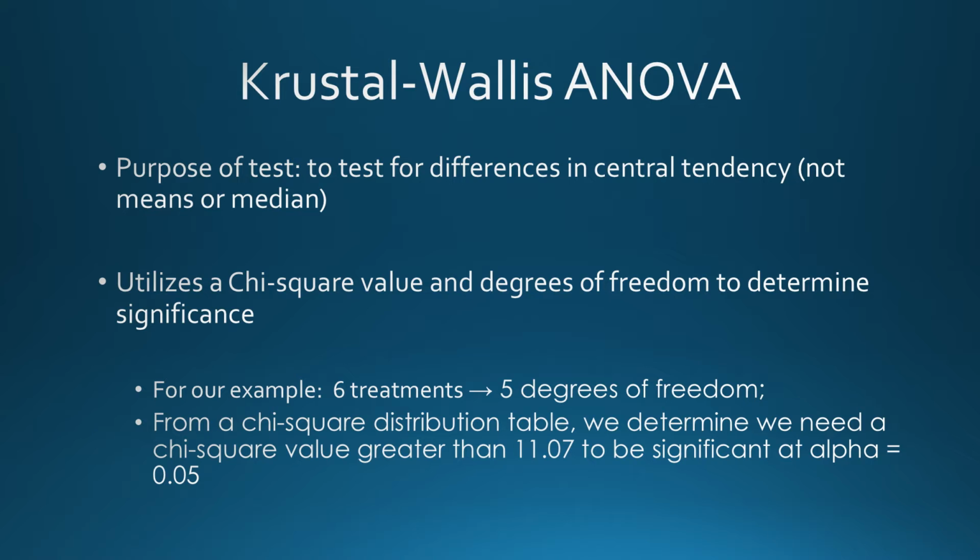So for our example, we had 6 treatments, 6 different herbicide treatments, which includes the control, which leaves us with 5 degrees of freedom. If we look at a chi-square distribution table, we determine we need a chi-square value greater than a little over 11 to be significant at the 0.05 level.